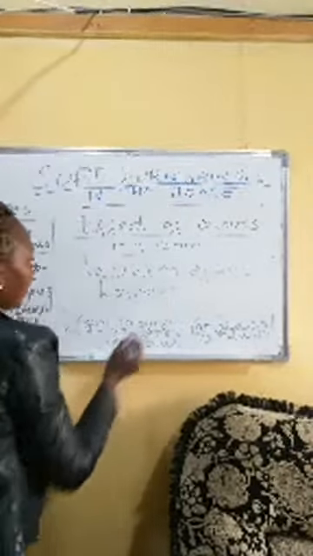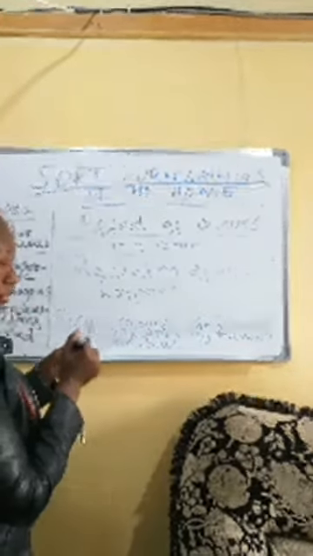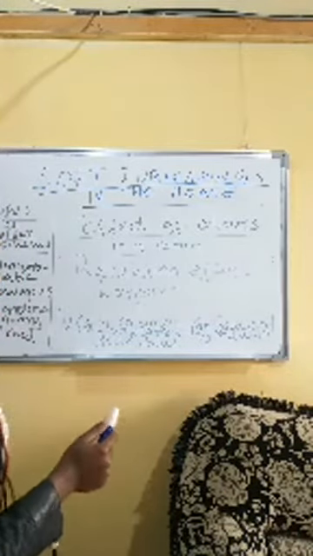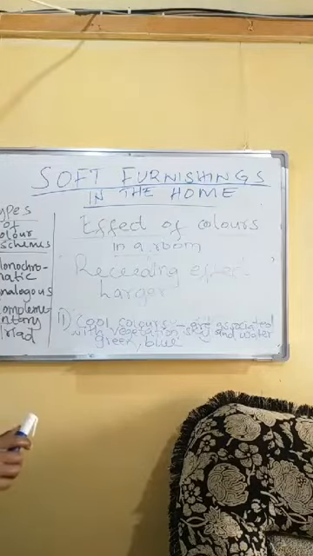Because I've just said, when you use cool colors, they make the room very restful. So at the end of the day, if you use them in a small room, they tend to make that room appear larger. So that is what we call a receding effect.